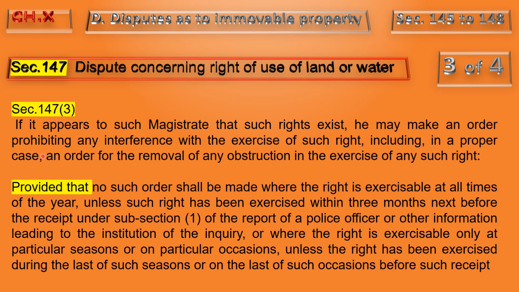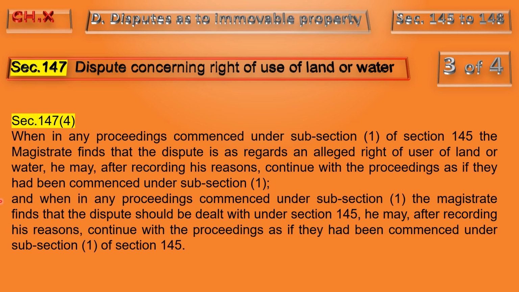Now let's come to subsection 4 of section 147. It says when in any proceedings commenced under subsection 1 of section 145, the magistrate finds that the dispute is as regards an alleged right of user of land or water, he may, after recording his reasons, continue with the proceedings as if they had been commenced under subsection 1.